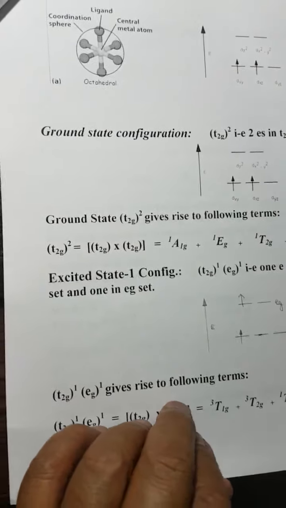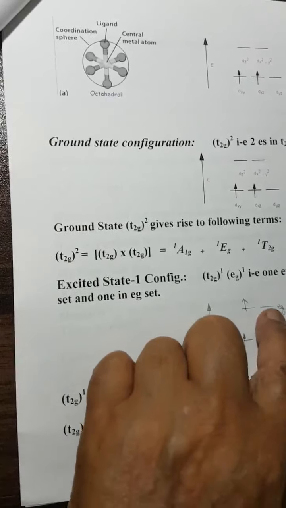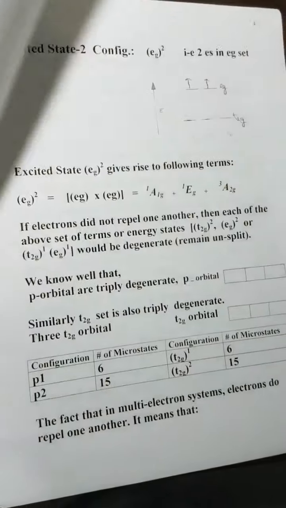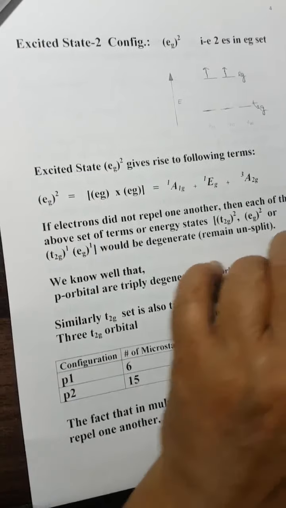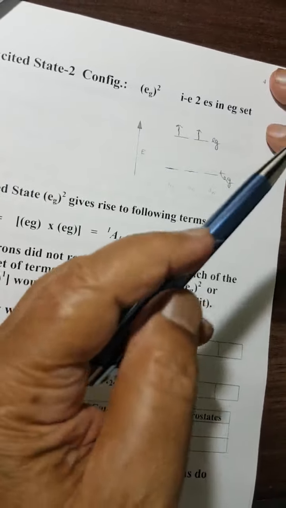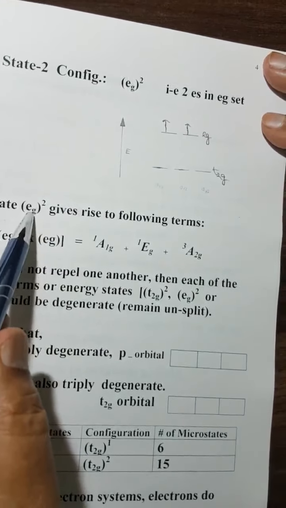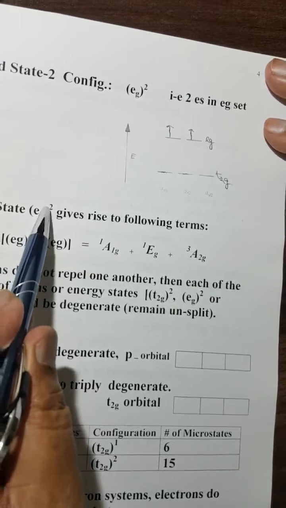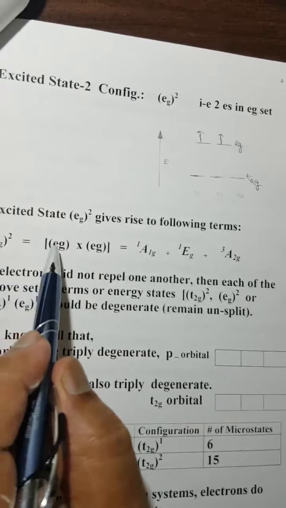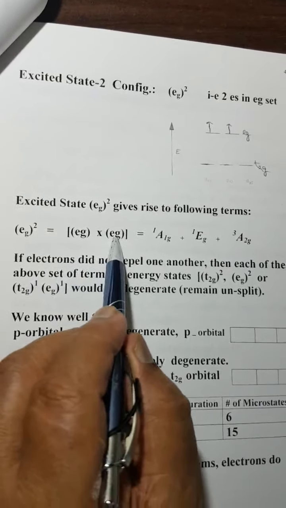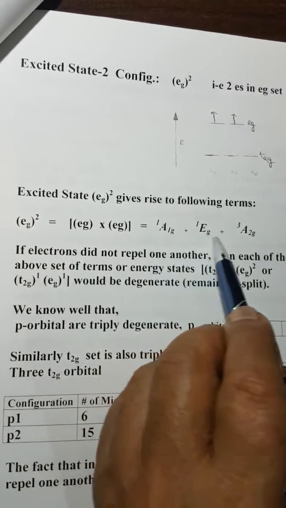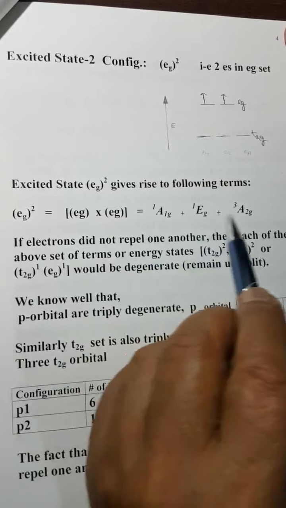And supposing both electrons go up, when we give them more energy, then the two electrons come into the eg. Naturally, then the configuration will be eg2. And eg2 means eg multiplied by eg. Well, this you can see in your book.